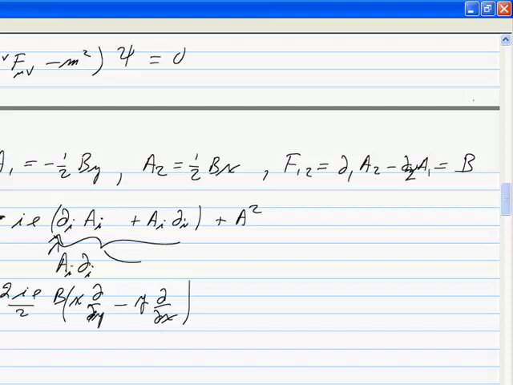So the d by dx piece comes with a y, and the d by dy piece comes with an x. So this is then d i squared minus e B times R cross P.